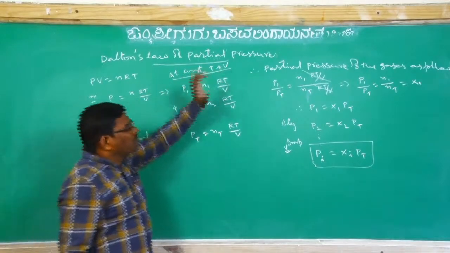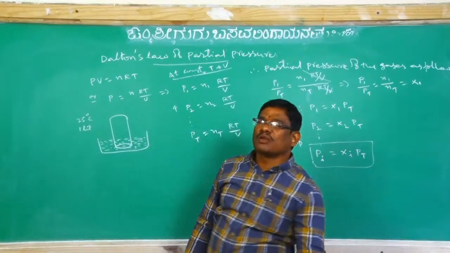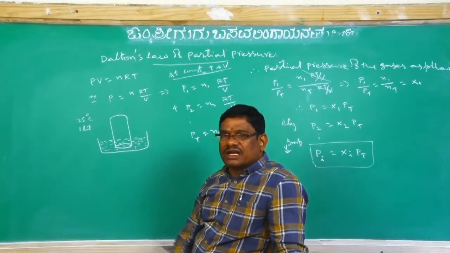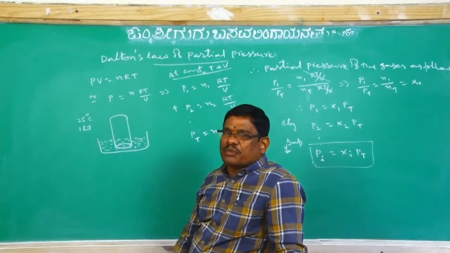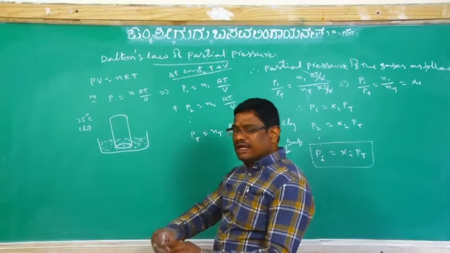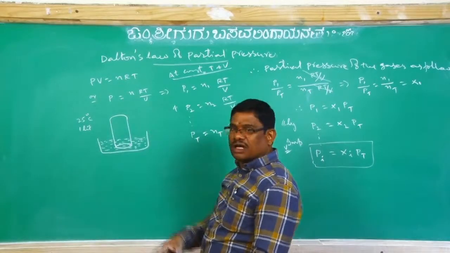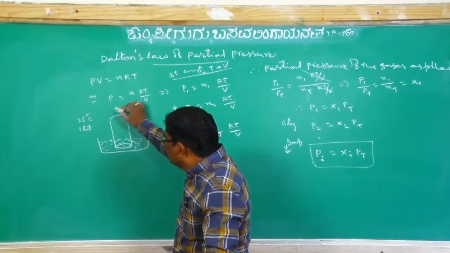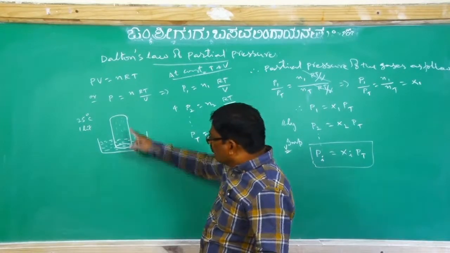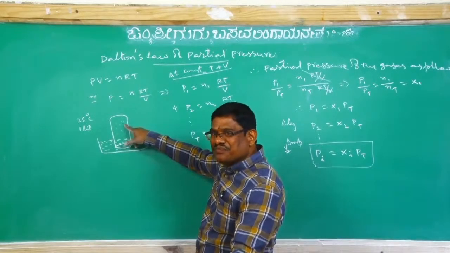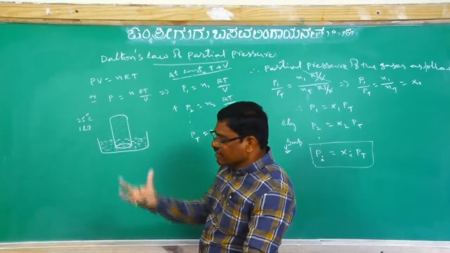So at constant temperature and volume, the total pressure exerted by the mixture of non-reacting gases is equal to the sum of the partial pressures of the individual gases, that is the definition. So when a jar is inverted over water, what will happen? The water will slowly evaporate. Before this, there was dry gas here.